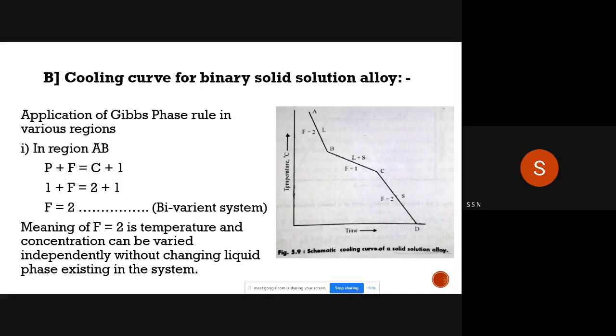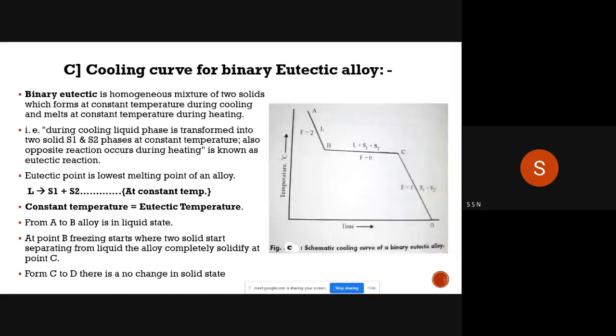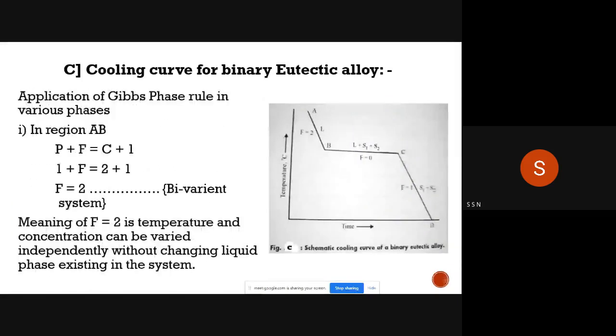From C to D, one phase. Then for the cooling curve for a binary eutectic alloy, A to B one phase, B to C three phases, C to D two phases.